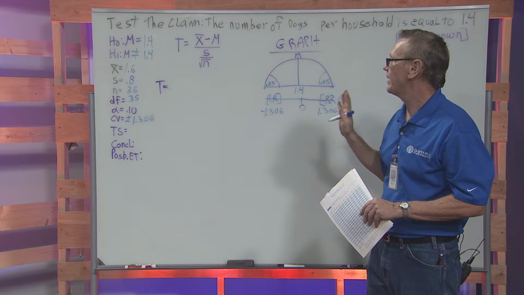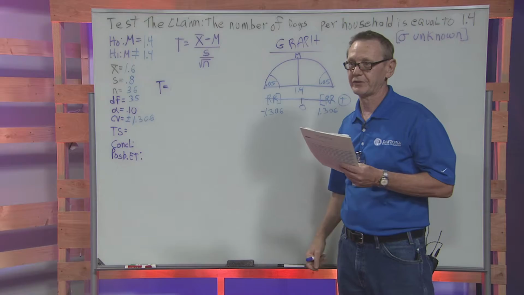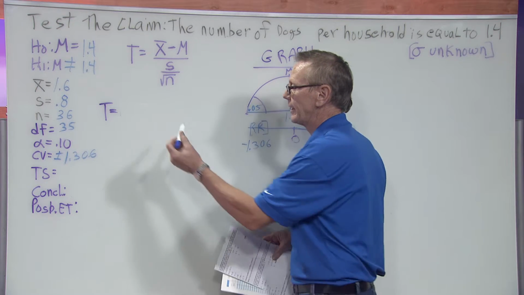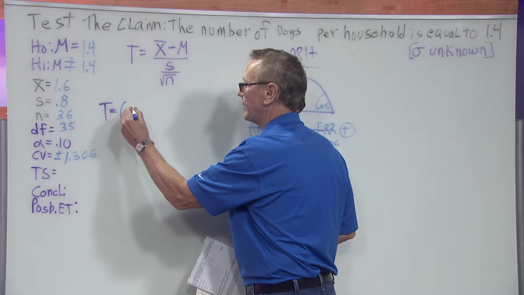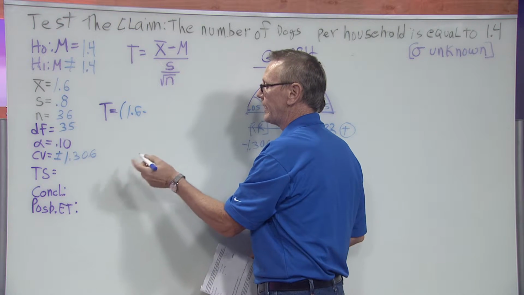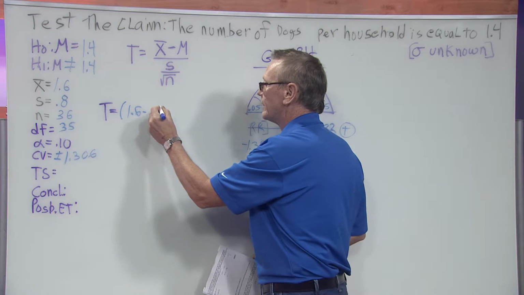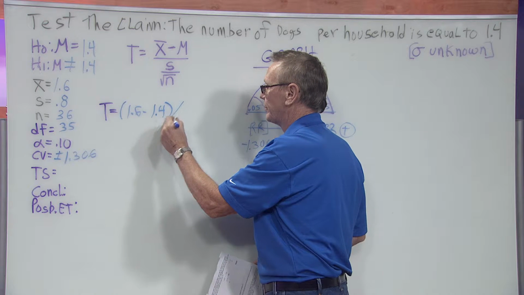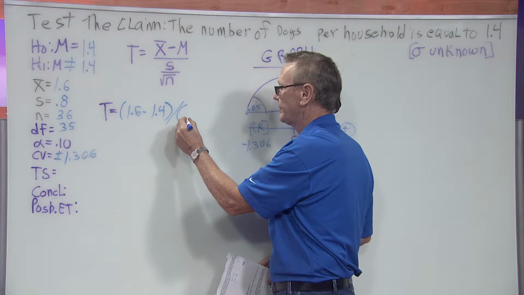Okay, next step is to apply the test statistic formula. So let's try that out. First, I'll start with the sample mean. If you're putting this into your calculator, then these parentheses are important, so don't ignore the parentheses.